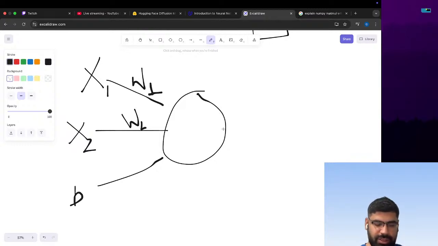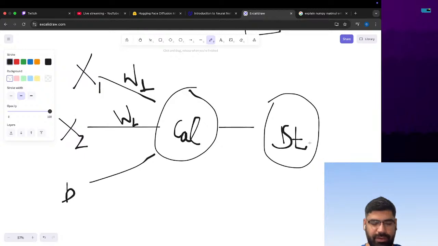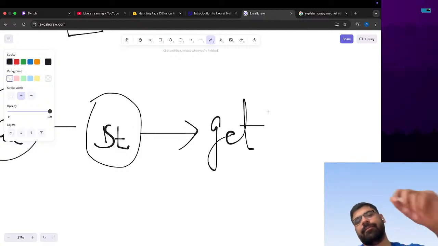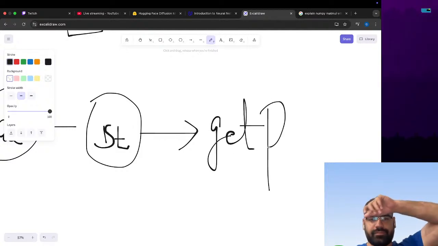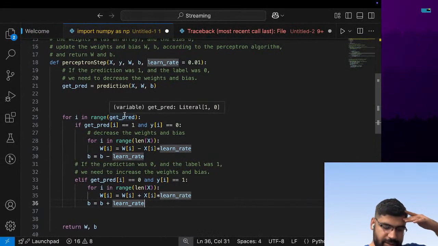Our step function is also part of it. This calculates the sum, and this is our step function, and this is what I'm getting as my get prediction. This is what I'm getting here, a value.